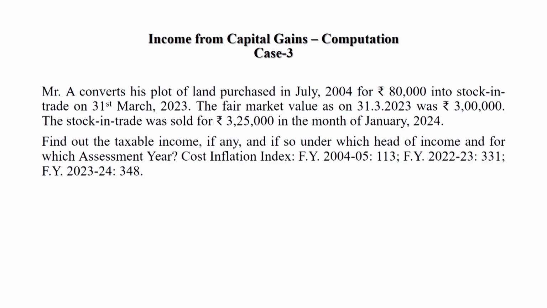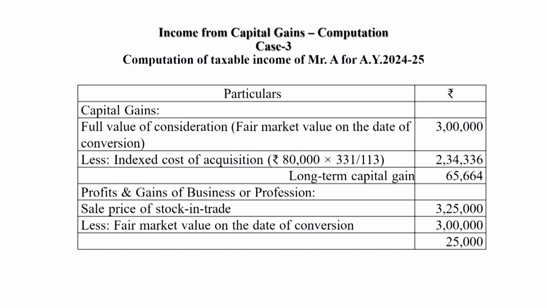The question is, Mr. A converts his plot of land into stock in trade, having purchased it for rupees 80,000; the fair market value of the plot as on 31st March 2023 is rupees 3 lakh, and the stock was sold for rupees 3,25,000 in January 2024. So in which way will it be calculated? This is presented with the help of this slide.